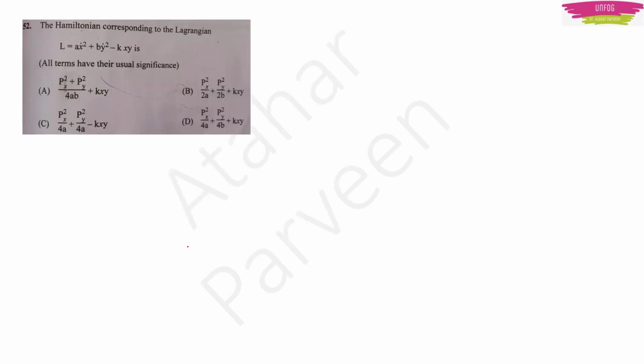Okay, next question. The Hamiltonian corresponding to the Lagrangian L equal to a x dot square plus b y dot square minus kxy is? All terms have their usual significance. Here one Lagrangian is given. What is the Lagrangian? a x dot square plus b y dot square minus kxy.